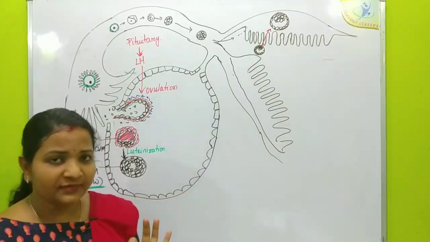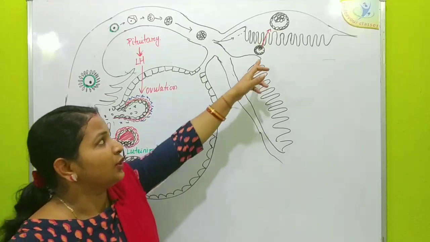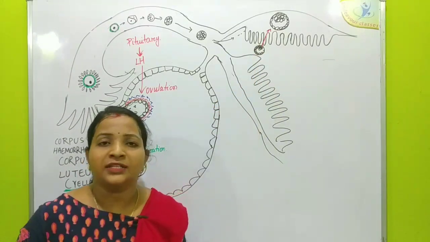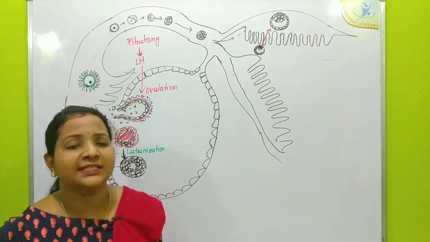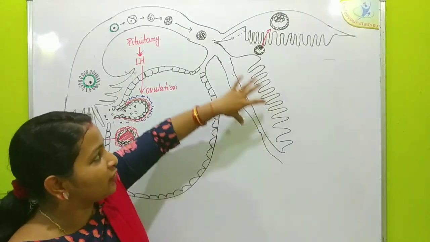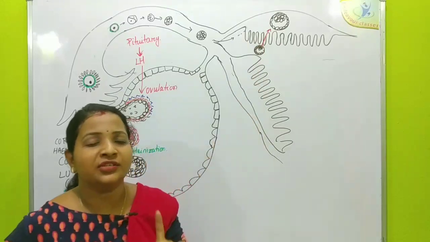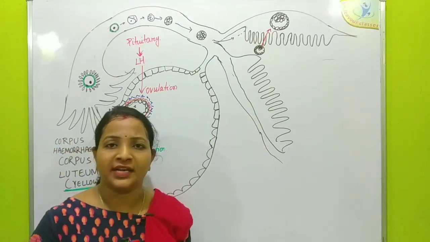So for pregnancy to begin, what happens? The blastocyst, if formed, has to completely implant itself or bury itself inside the uterine endometrium, and for that complete burial, the uterine endometrium should reach its maximum thickness by proliferating the endometrial cells.